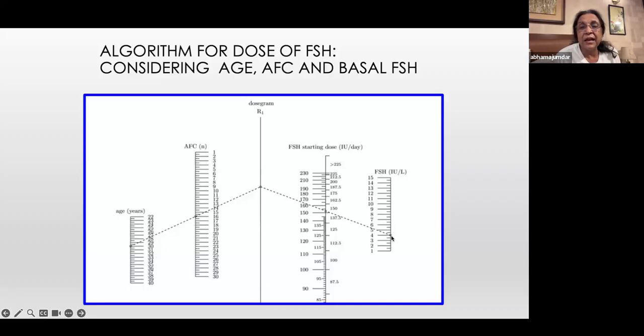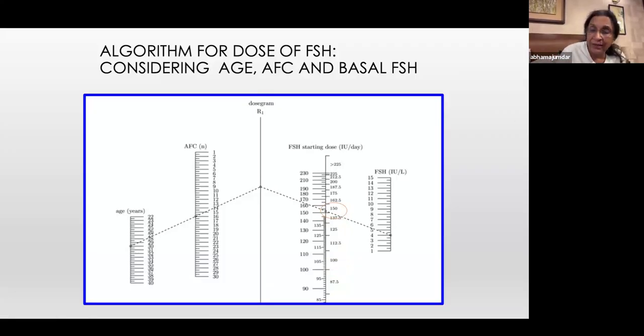And FSH is again 4. So you take a line between these two and you take it forward. Similarly, you take this line from here and go and meet this. And you'll find the dose of this being around 137.5 to 150 units. So this is the right dose for these hyper responders.